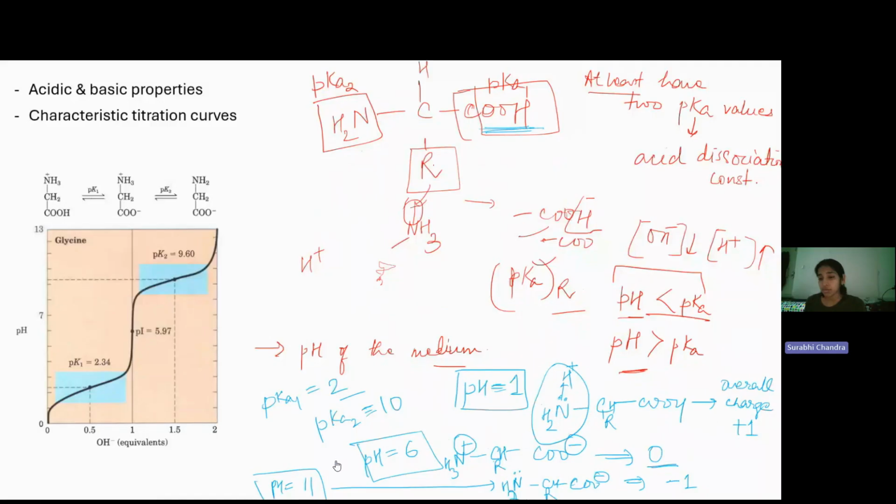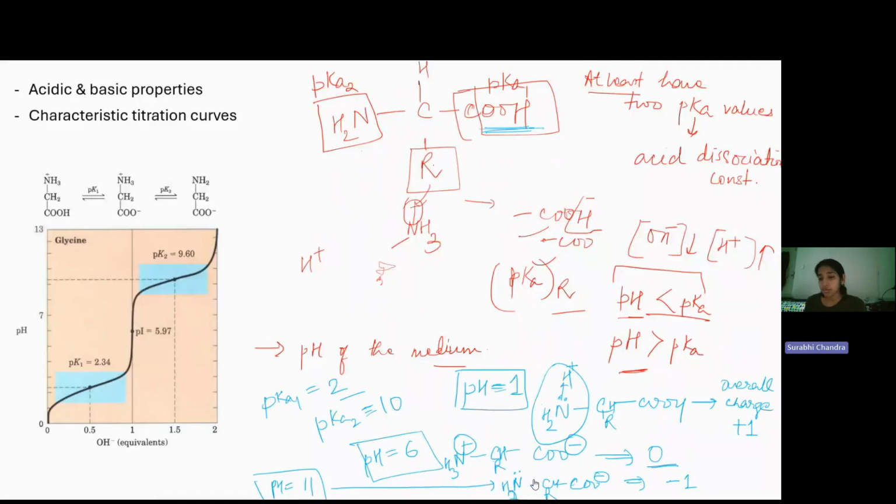Similarly, if the pH increases beyond this particular value, which is pH 6 here, it is becoming less acidic, so we expect a lesser amount of H plus ions in the medium.